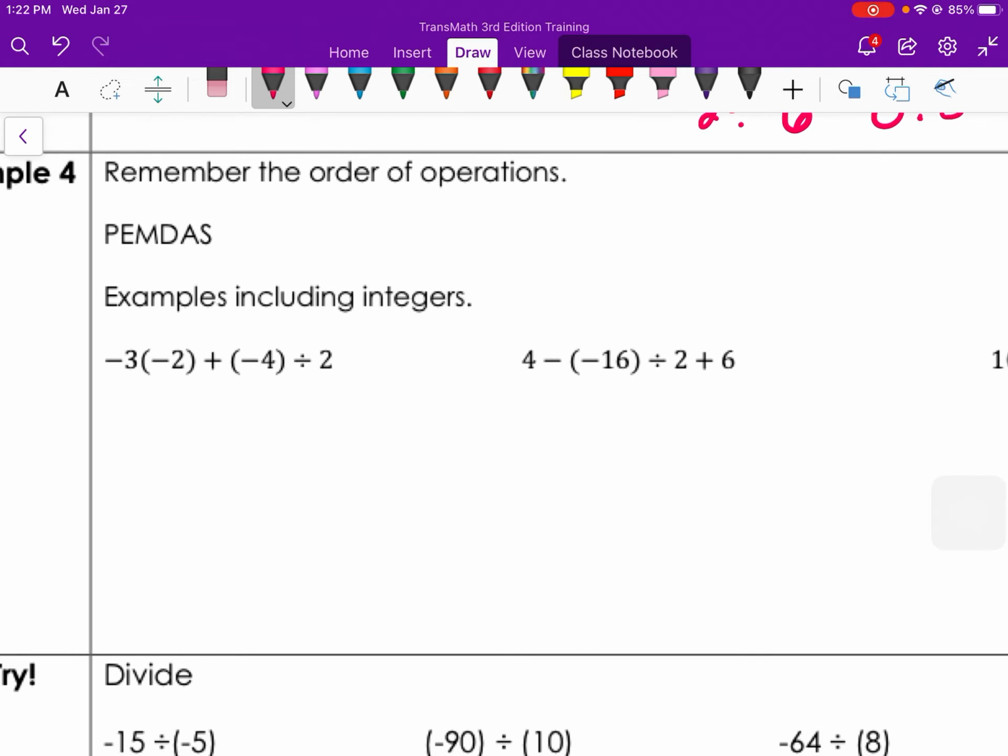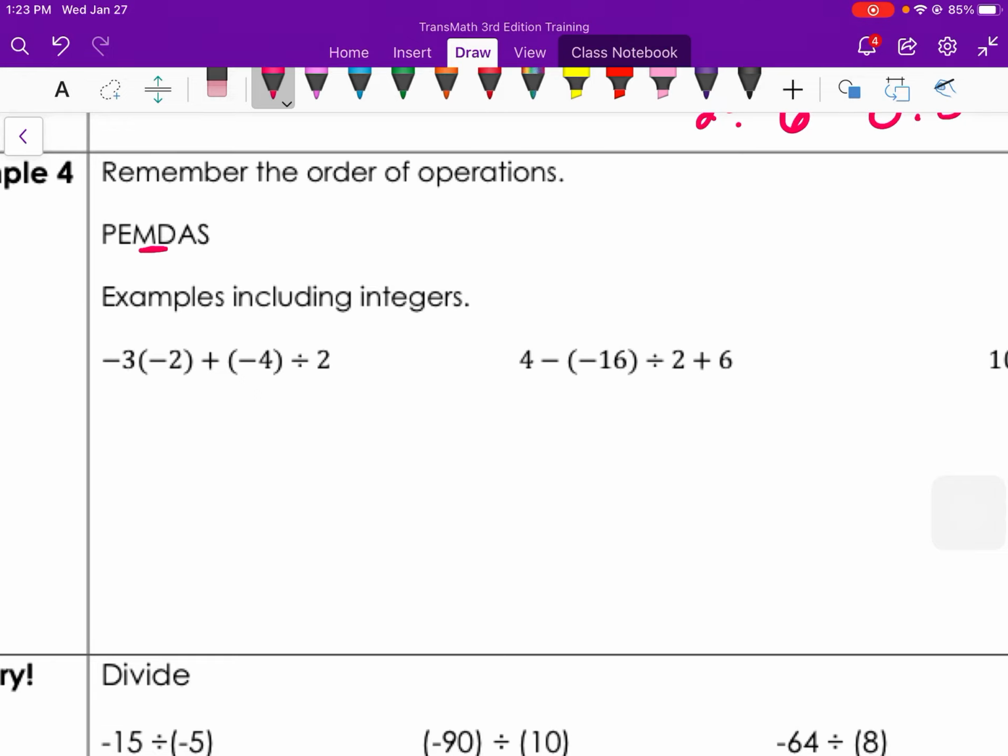Okay, let's try a couple order of operations problems using our new integer rules. In PEMDAS, we're going to multiply and divide before we do any addition or subtraction, and then we work from left to right. So you're going to start with -3 times -2, which is +6, plus, and then here, -4 divided by +2 will be -2.